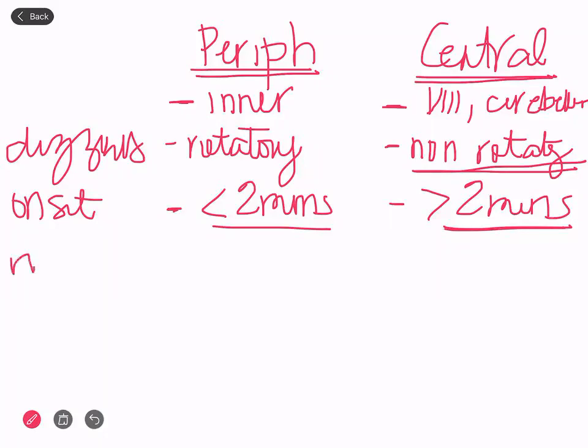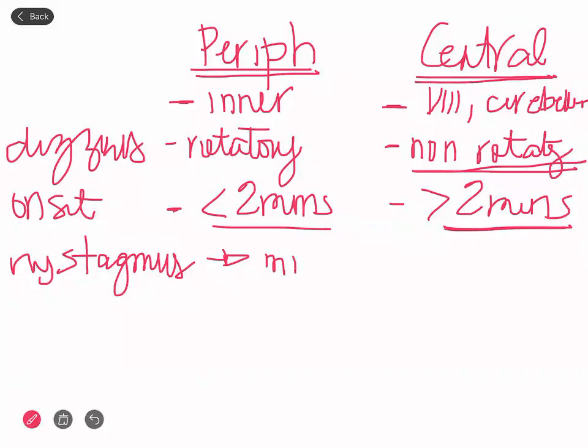Then you should also note for nystagmus. Nystagmus is the movement of the eye, okay? When you move your eye, there are actually involuntary movements or oscillation of the eye, okay? So for the peripheral type of nystagmus, usually they are mixed, okay?